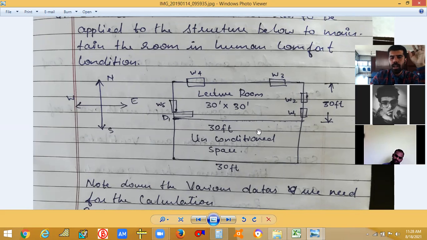And we have direct exposures from the sunlight in the north direction, in the west direction, and east direction. Correct? In the east wall, north wall, and west wall. In the south side, there is no exposure because it's a partition wall. Okay, so keep this diagram in your mind, and this orientation also. So now we are going to deal with this.